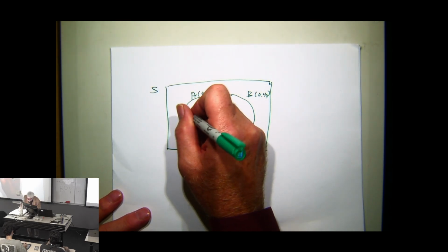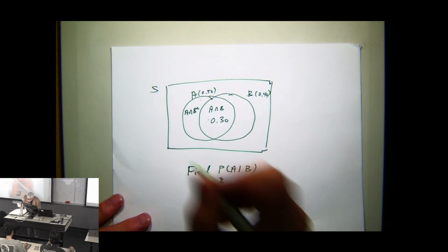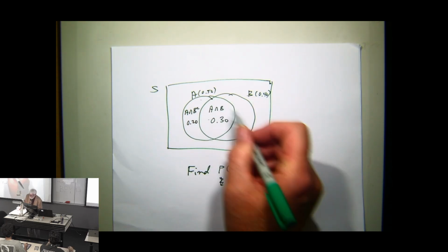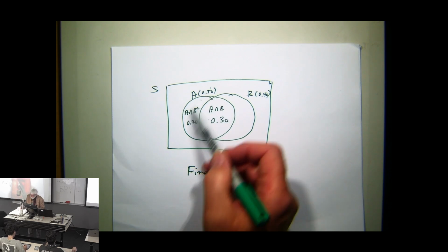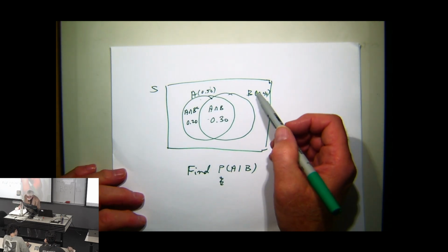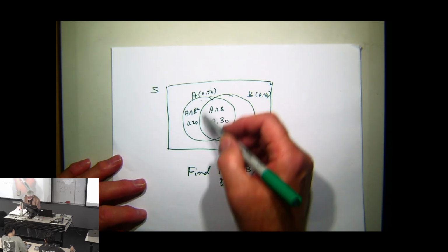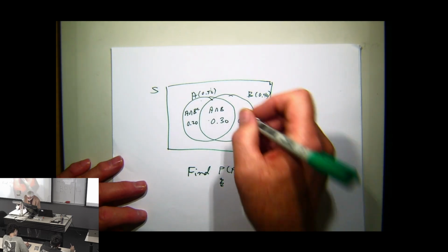This area out here, A intersect B complement, its probability is 0.20. We get that again just by subtraction, because the total area of A is 0.5. So 0.3 is in the intersection, 0.2 is over here. And over in this one, the probability of B is 0.4, 0.3 falls in the intersection, so 0.10 falls out there.